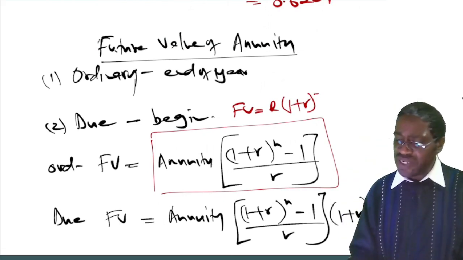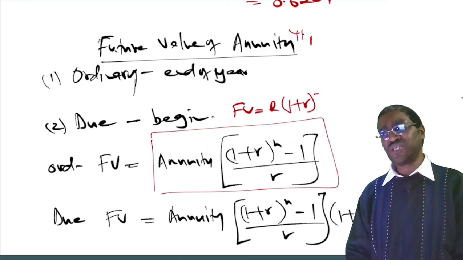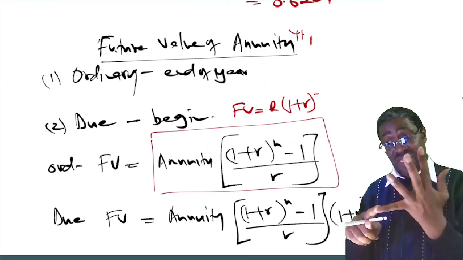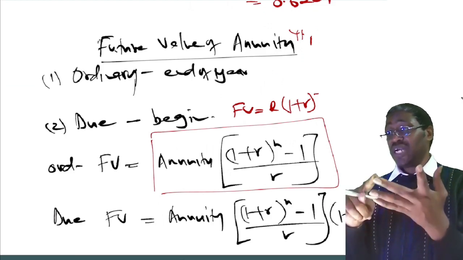So your first 1 million in year 1 will only earn you interest for how long? It will not earn you interest in the first year. It will only earn you interest in the second year, third year, and fourth year.